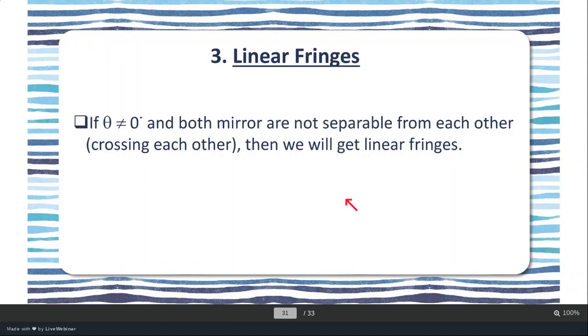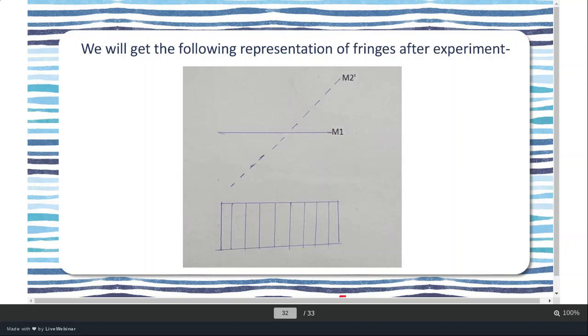Now, linear fringes. If theta is not equal to 0 and both mirrors are also not separable from each other, then we will get linear fringes. We will get the following representation of fringes after the experiment. We have mirror M1 and mirror M2 dash. After the experiment, you can hope to see these types of fringes.